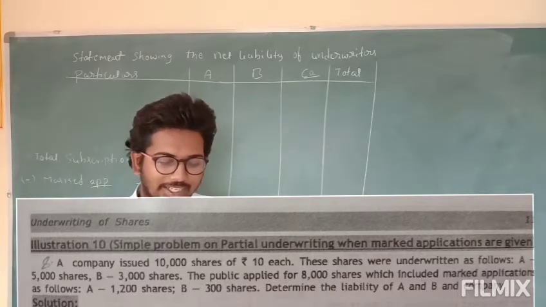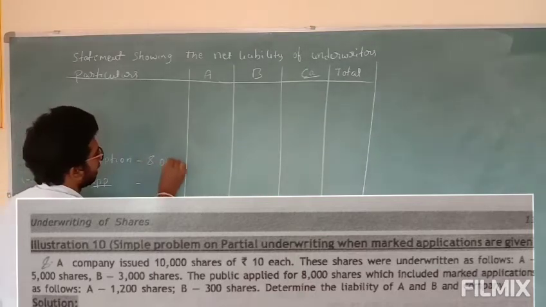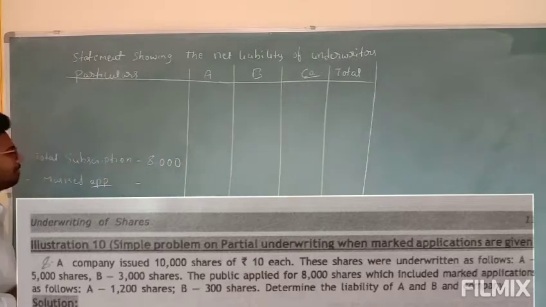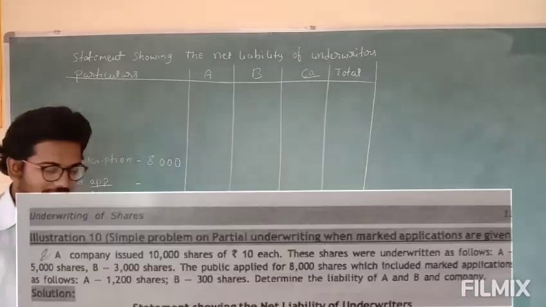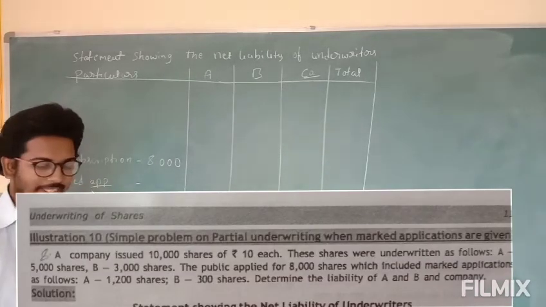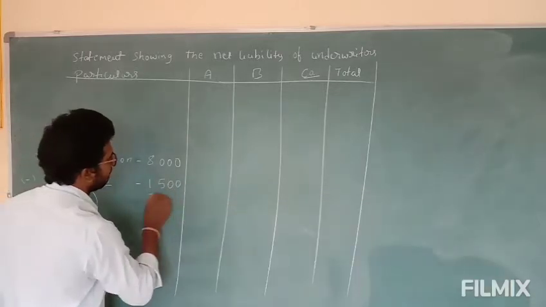Looking at the question, it is 8,000. Shares applied by the public is 8,000. In that, less marked applications of A plus B. A is 1,200, B is 300, total 1,500.